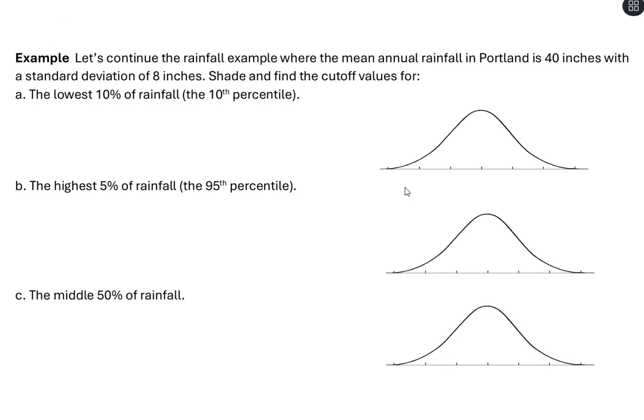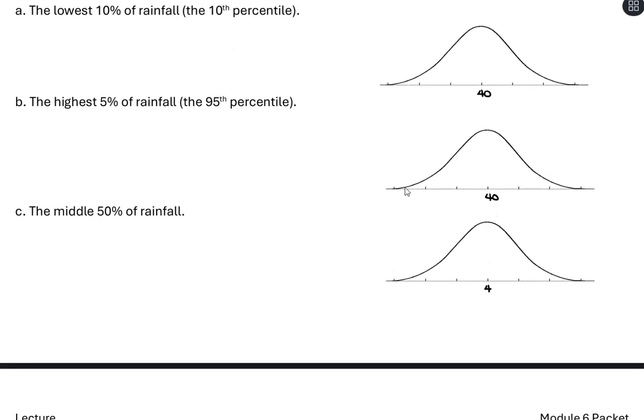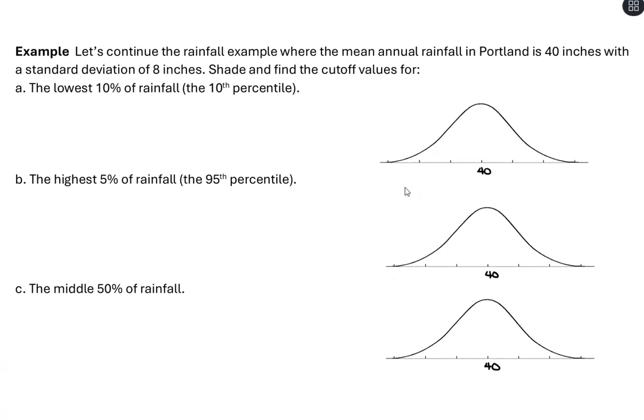So with this, let's go ahead and continue our rainfall example. For these, I'm not going to fill in the number lines because this is a bit harder to guess where things are landing. So I'm just going to put the middle number in there, but I'm not going to label the standard deviations. We'll work a little more free form here. So the first scenario, we're looking for the lowest 10% of rainfall, which would be the same thing as saying the 10th percentile.